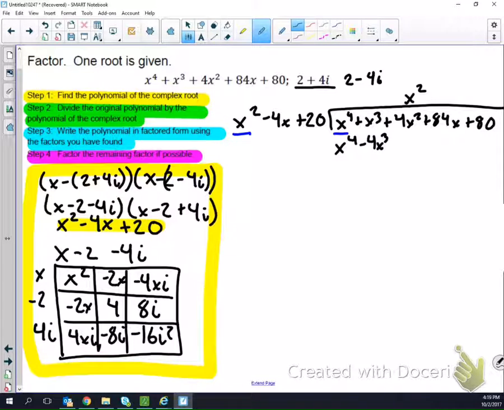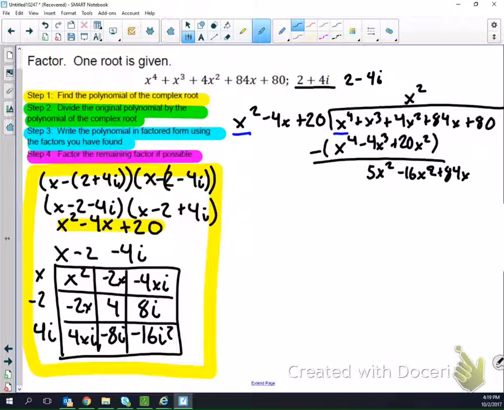So x squared times the 20 will now give us a 20x squared. All of that has to be subtracted. So I now get 5x cubed minus 16x squared. Drop down the next term, so the 84x. And repeat.